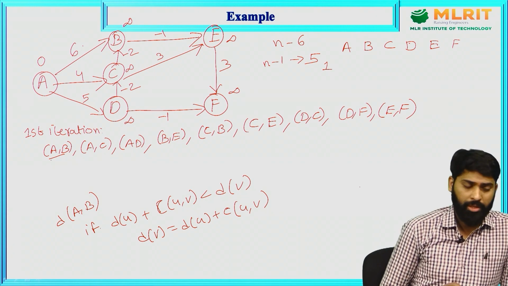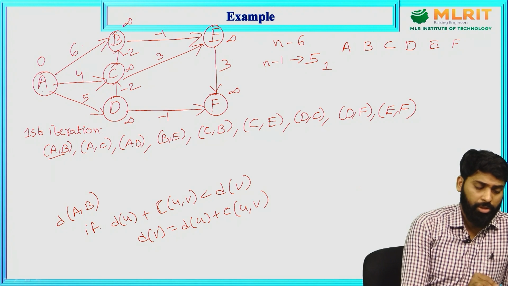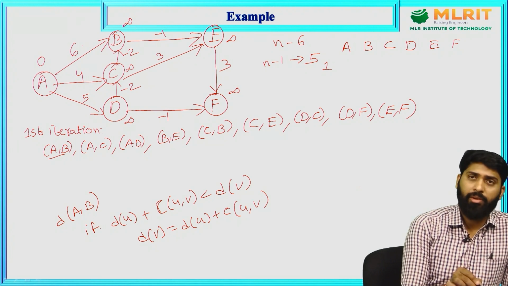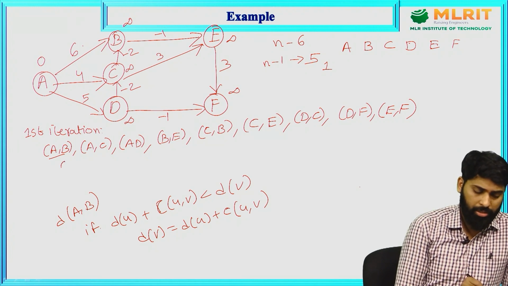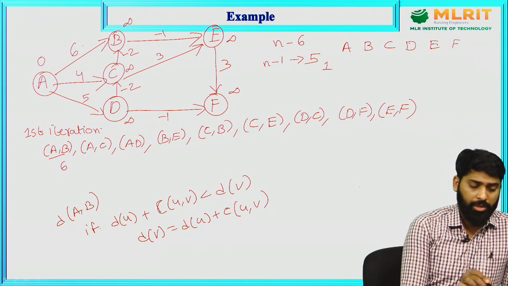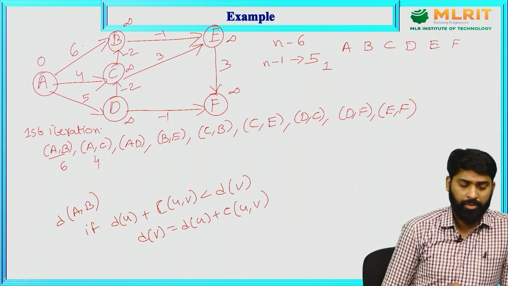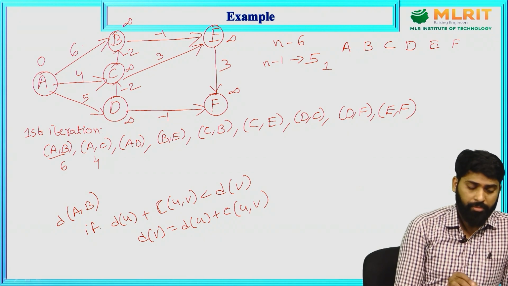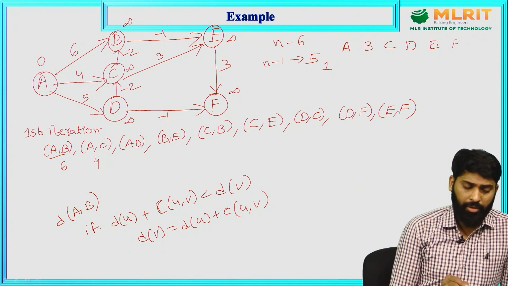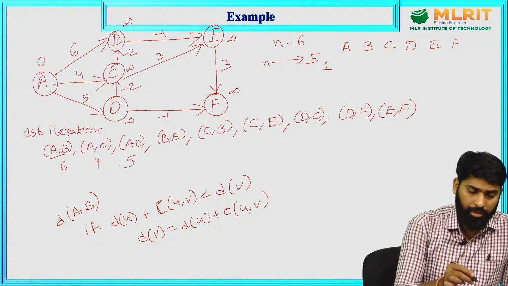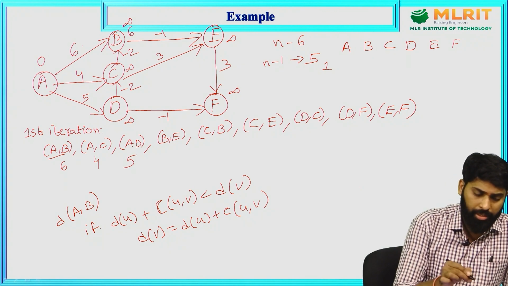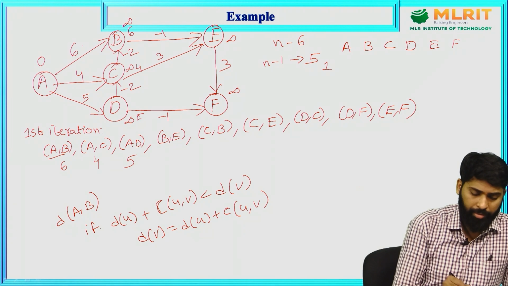Now A to B, 0 plus 6 less than infinity. So it is 6. Next A to C, 0 plus 4 less than infinity. So it is 4. A to D, it is 5. 5 less than infinity. So it is 5. So here we write 6, 4, 5.